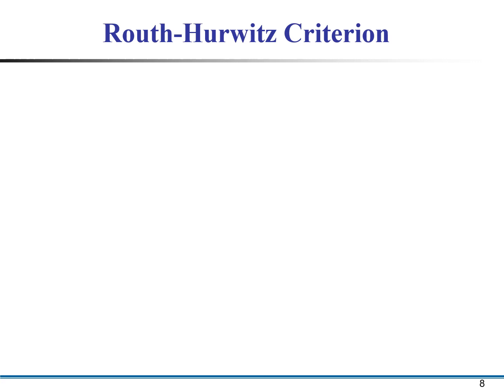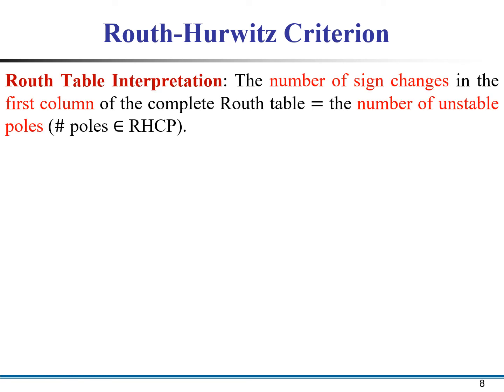Here we will discuss the summary of the example. As we discussed before, the number of sign changes is equal to the number of poles in the right half S-plane.